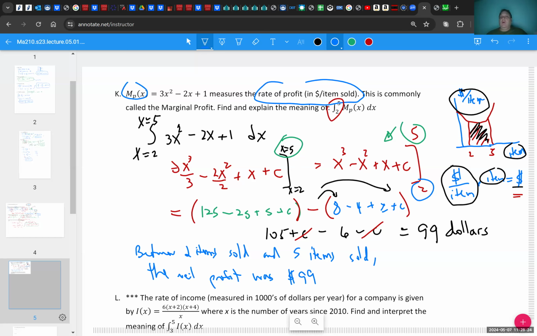So that's the total amount of profit that we gained or subtracted between selling 2 items and 5 items. And that's another example of how to interpret the meaning of a definite integral in context. All right, we'll do one more, and then that'll be it for this video.